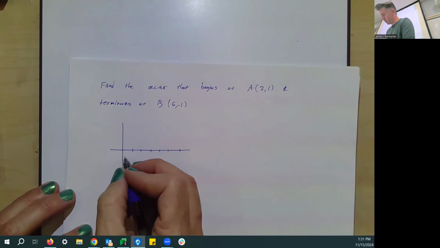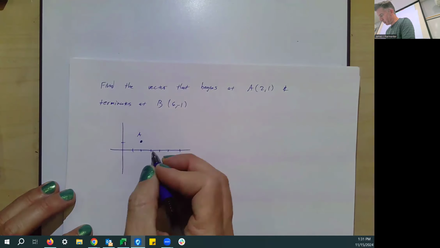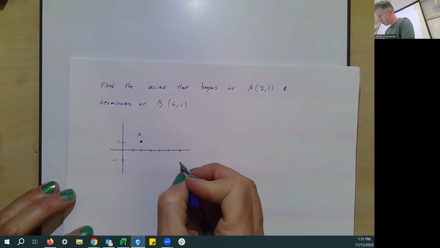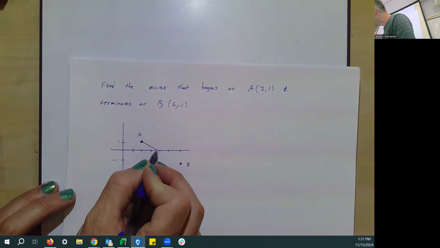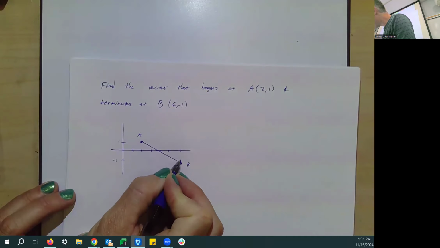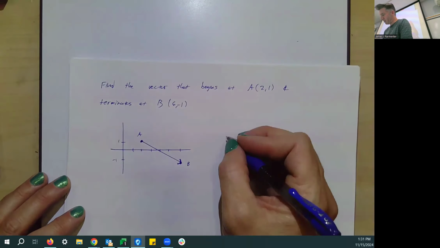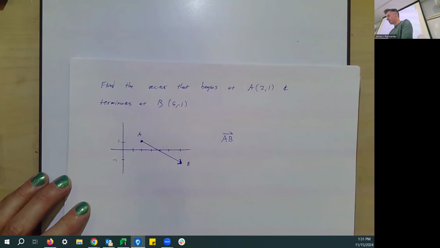So it's starting at the point 2, 1, and ending at the point 6, -1. So our vector looks like this, and the arrow points towards B. We could write the vector as the vector AB with an arrow above it.